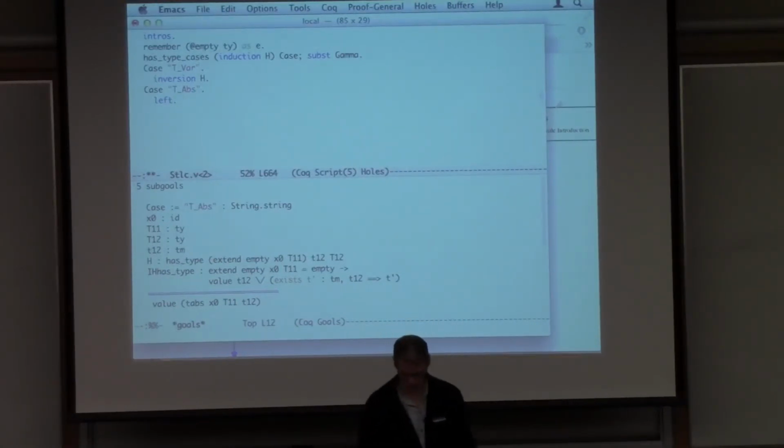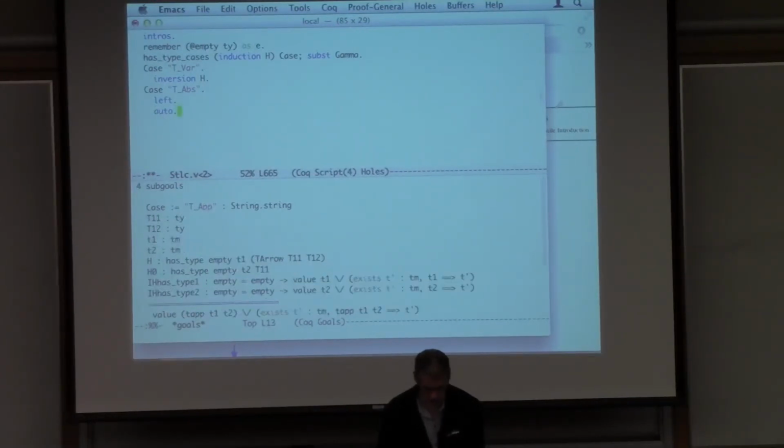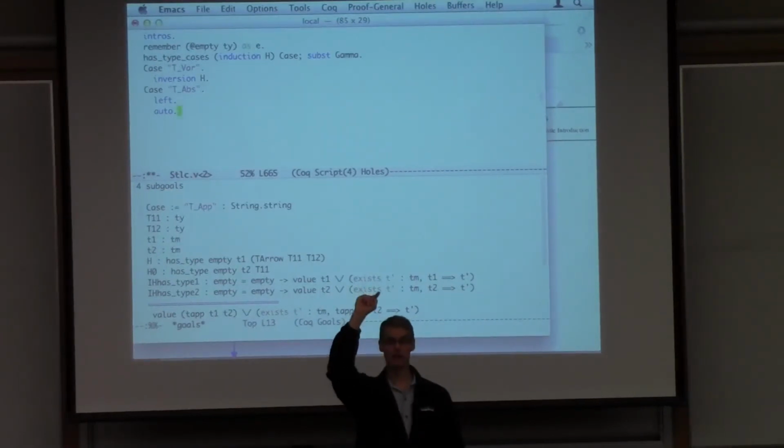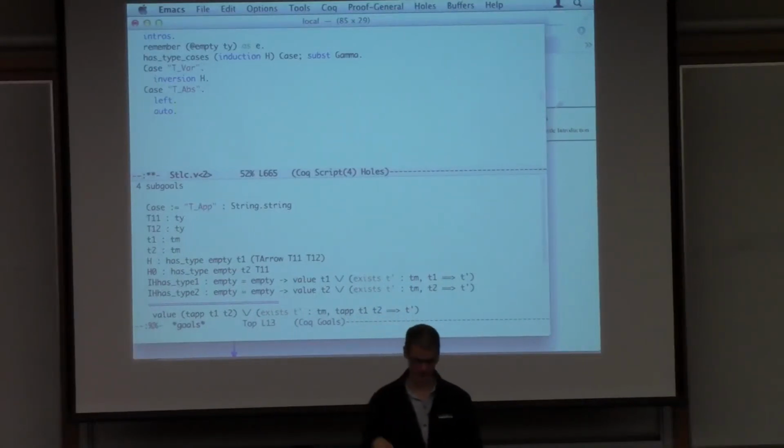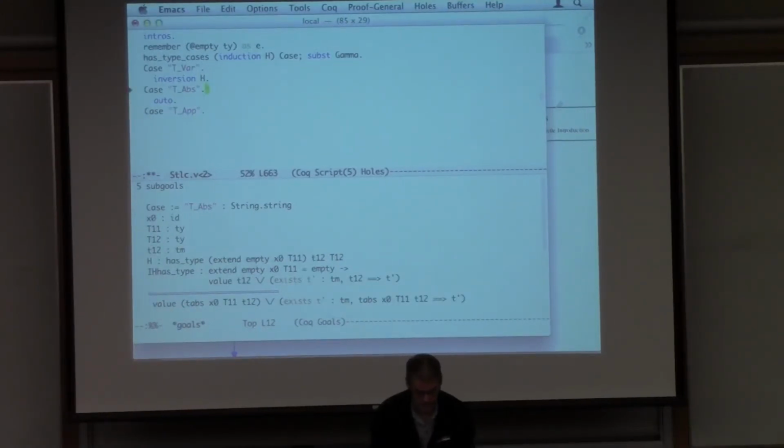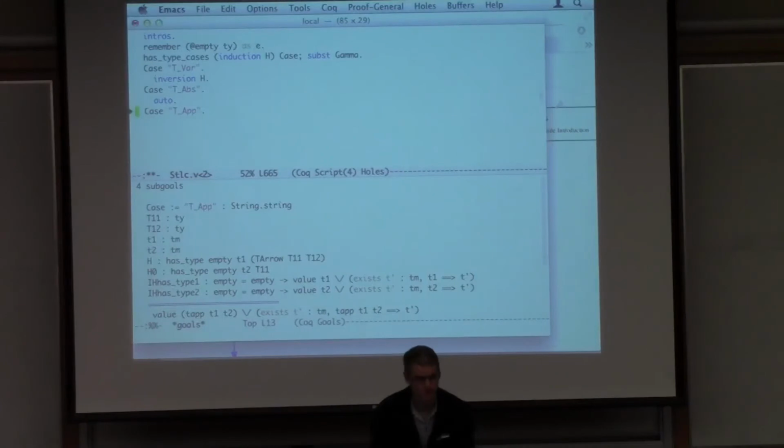And to avoid having to remember that, I'll bet we can just say auto. Because remember, every time we introduced an inductive type like value, we remembered to say hint constructors afterward, higher in the file. Yeah, probably would. Let's try. Yep.